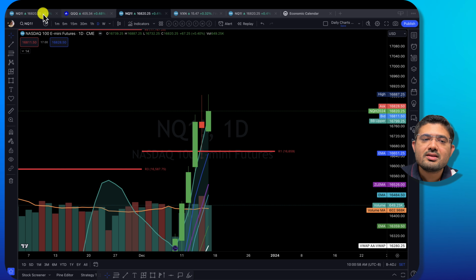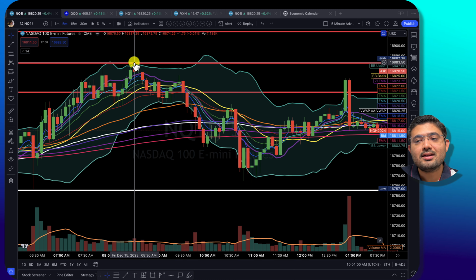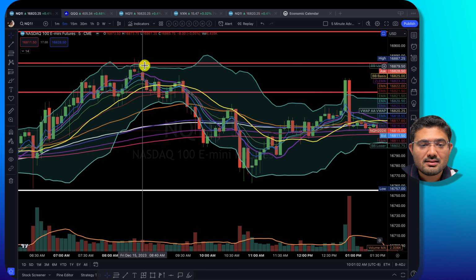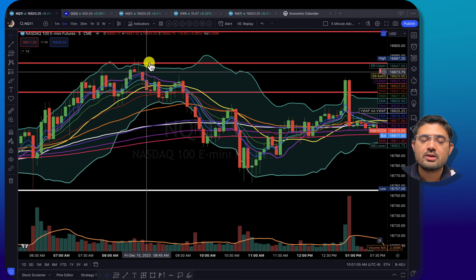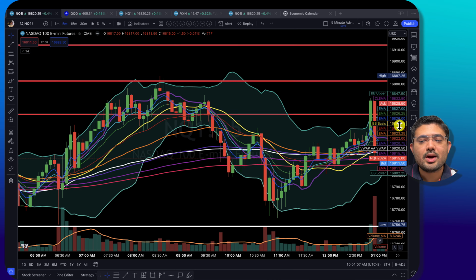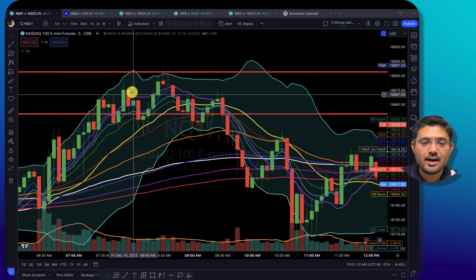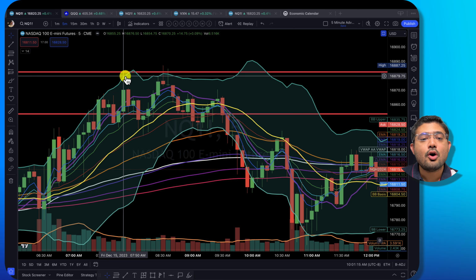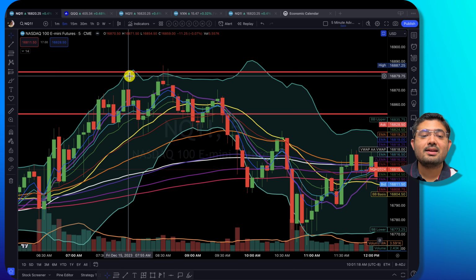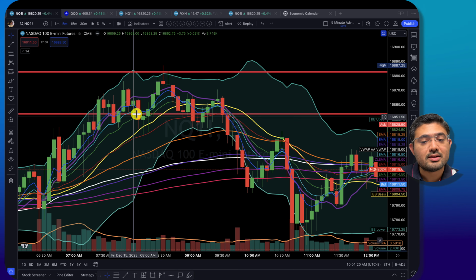The closest level of resistance near 16,883 is this second R1 level. That is why I waited, and that is why all the intraday traders need to wait until this level is achieved, or they can start shorting near this zone and not this zone.